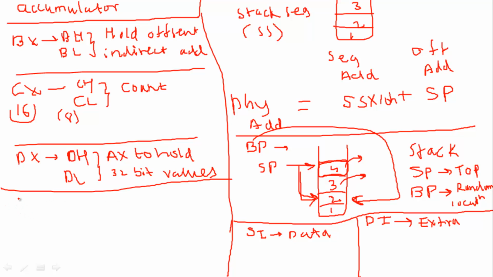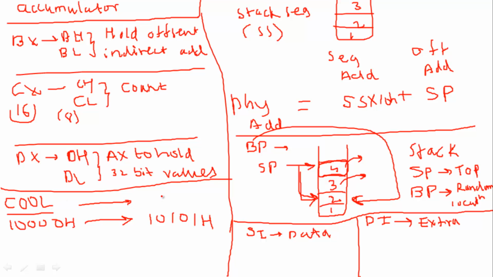Say that there is a string, and we want to move it from one location to another. Say that this is a string located at 10000h, with the content 345, and we want to move it to another location, that is 10101h. Now we will transfer this string from one place to another using the string operation.